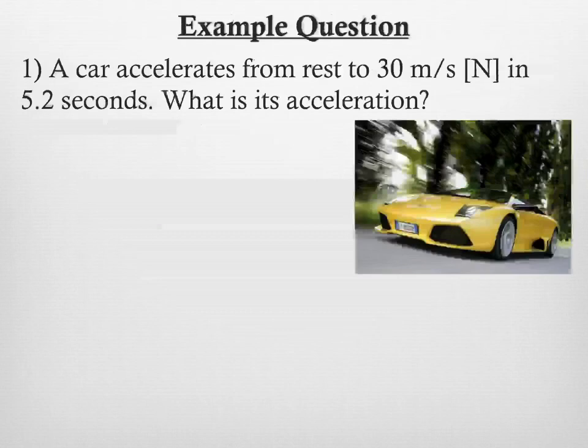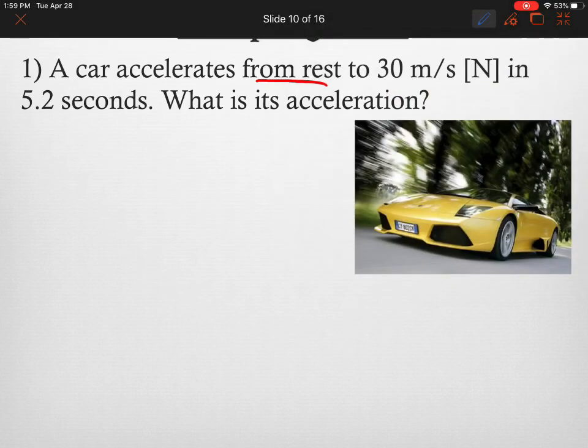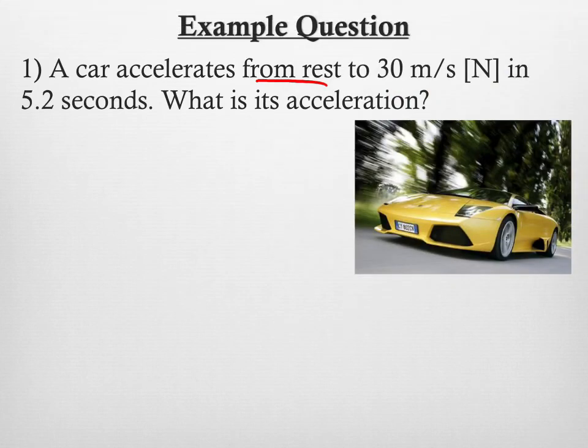My first piece of information you probably didn't even see: accelerates from rest. What does that mean? It means, what's your initial velocity? Your initial velocity is 0 because it starts at rest, meaning it starts not moving. So anytime you see it starts from rest, you know the initial velocity is 0.